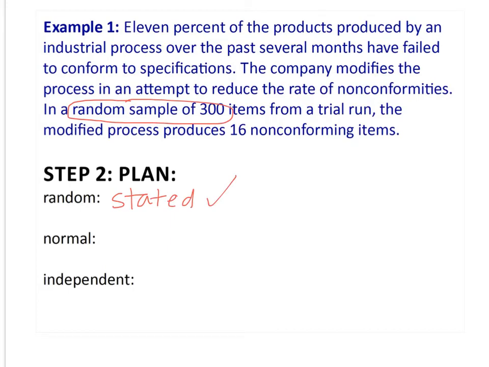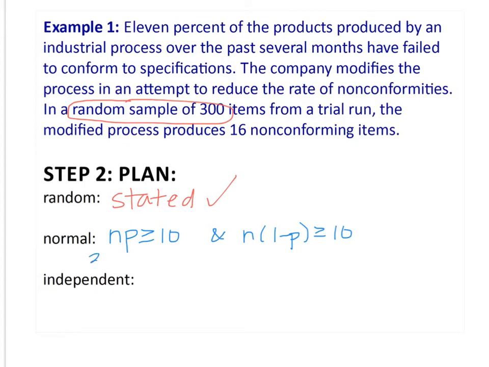Normal is NP greater than or equal to 10 and N times 1 minus P greater than or equal to 10. So this is the same way of checking normality as with confidence intervals and as with sampling distributions. This normal condition is what we use for proportions.